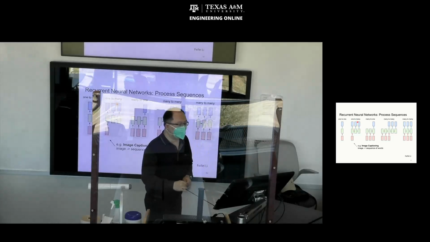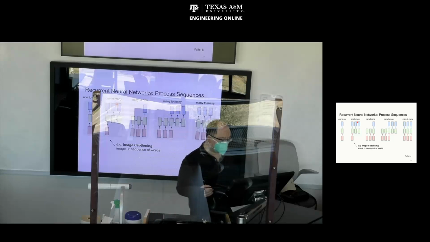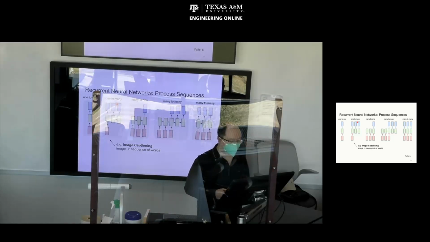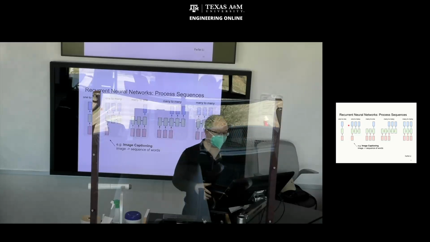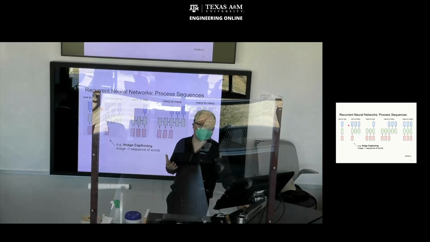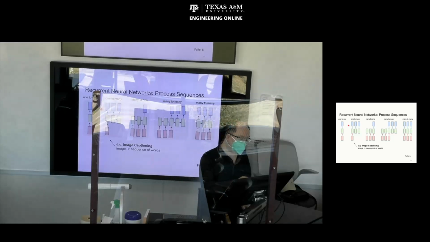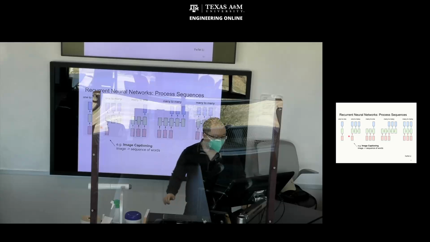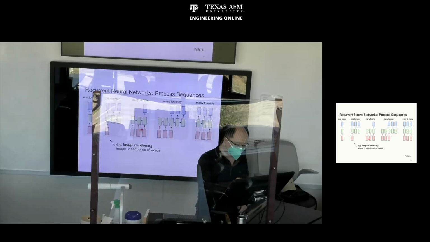Well, this is one example, for instance, for image captioning. You have an input image here, but the output is a sentence that captures the image, right? So this is a one-to-many architecture, right? We also have many-to-one in this case.